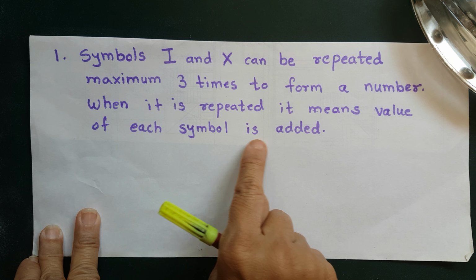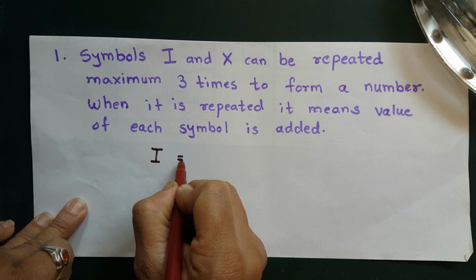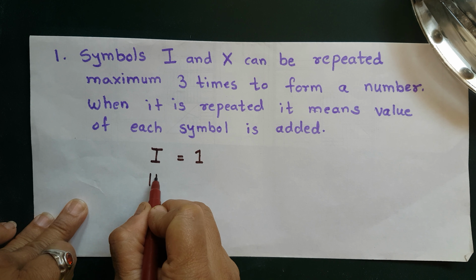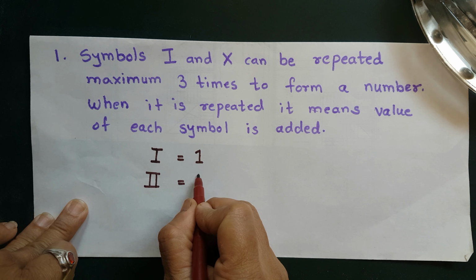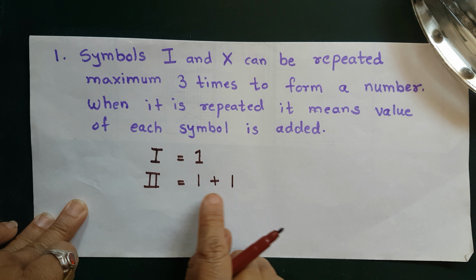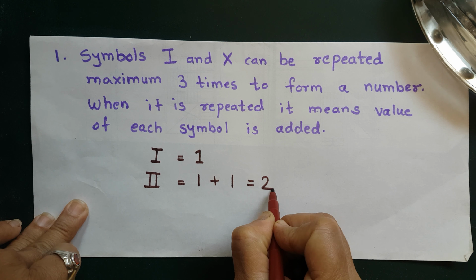Now let's see what this rule means. Suppose I write I only 1 time, its value is 1. But if I write I 2 times, it means 1 plus 1. We have to add them and its value or Hindu Arabic number will become 2.